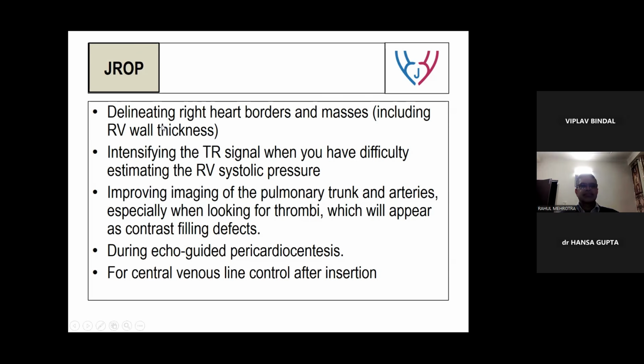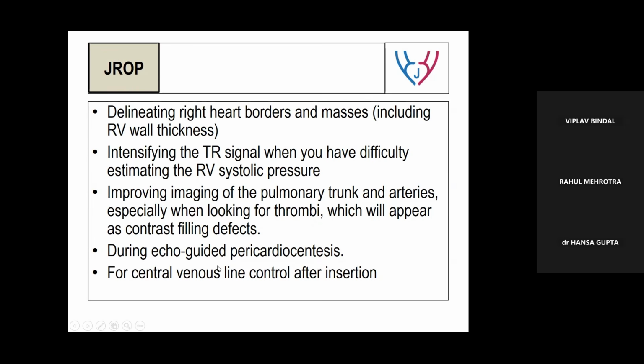Otherwise, we use it for delineating right heart borders and masses, and RV wall thickness, enhancing, that's what we have been doing in our lab also. I'll try to show an example today, which I did just today for recording purposes. Then improving the pulmonary trunk and arteries, and to look for any thrombi, like we were talking of pulmonary embolism. A little scary in pulmonary embolism because the patient already has low saturation, but this will give you the filling defects.